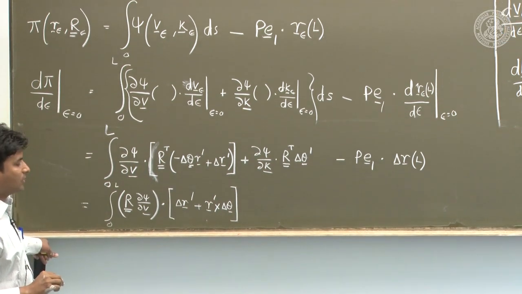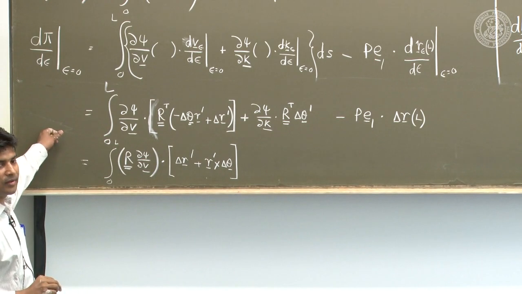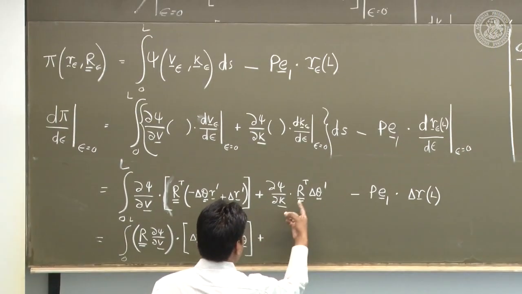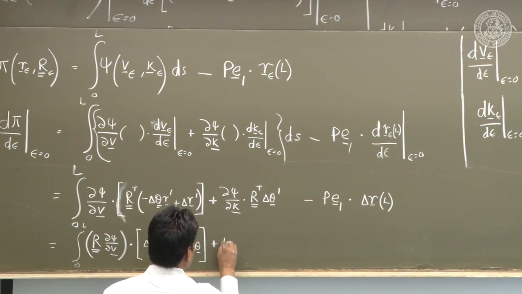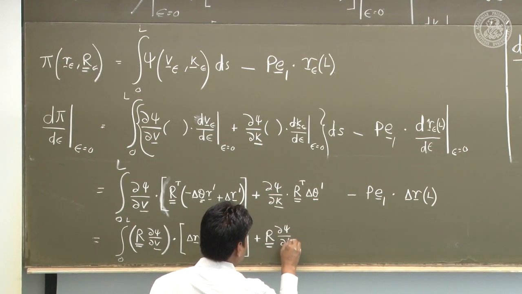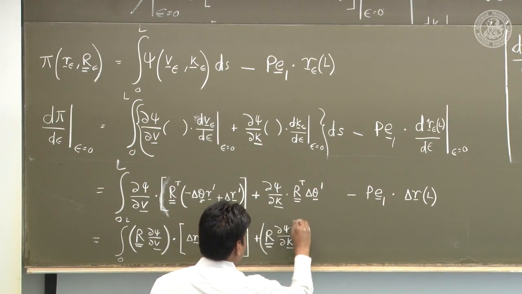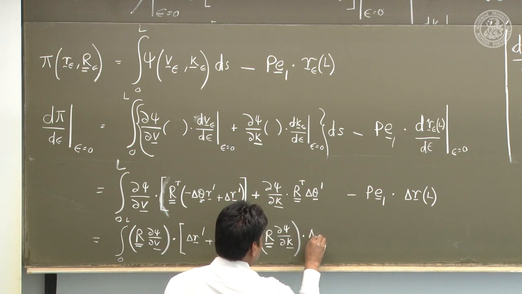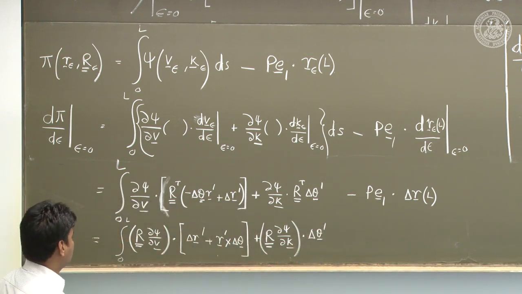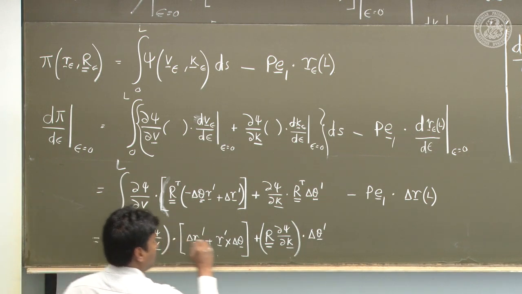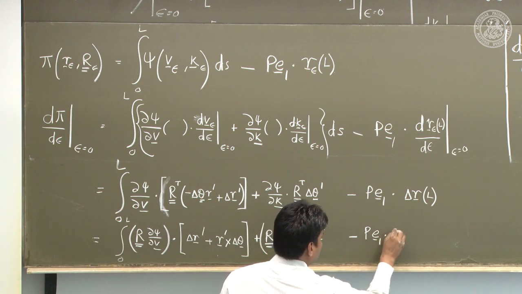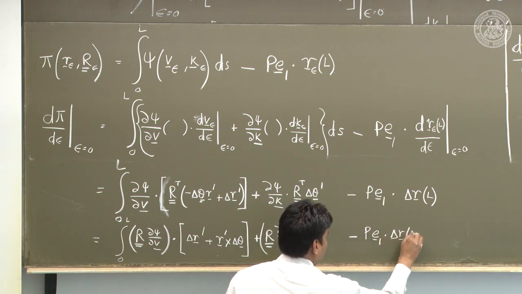Right? Plus, again this r goes on the other side and this becomes plus r times del psi over del k dot delta theta prime. So we are almost there. And of course, then you have this minus PE1 dot delta R L.